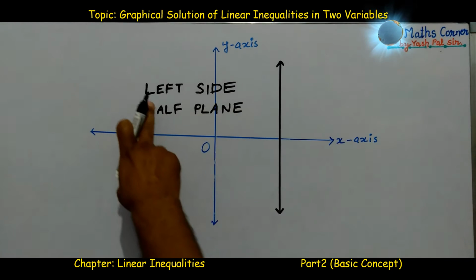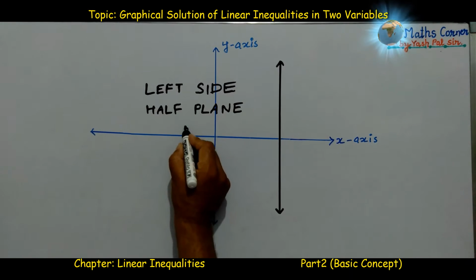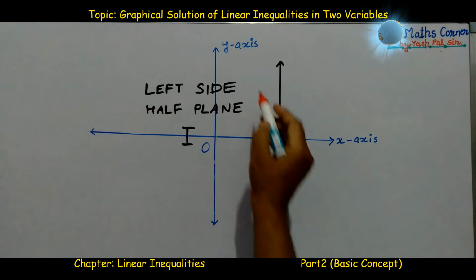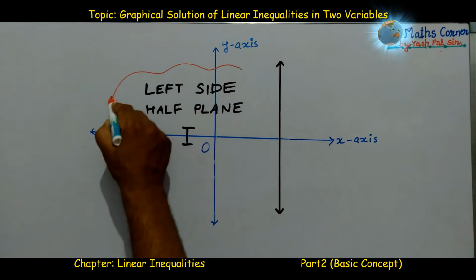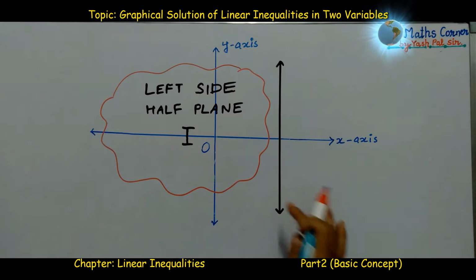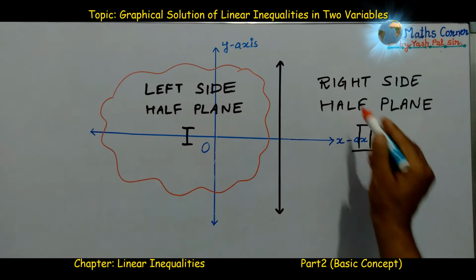We say here left side half plane. Suppose this is the first part, the whole portion to the left side of this line. Similarly, the right side half plane, so this is the second part.